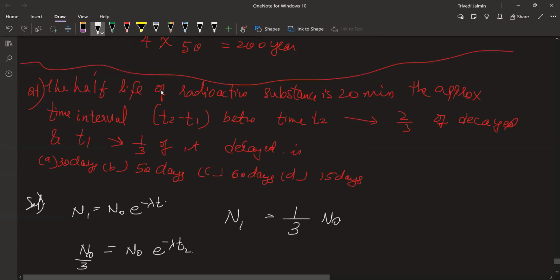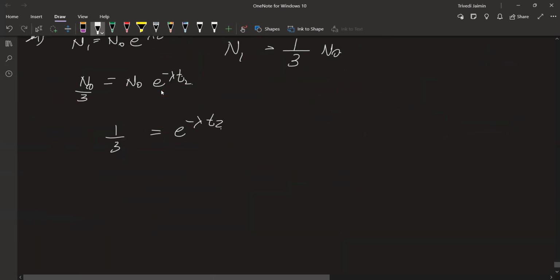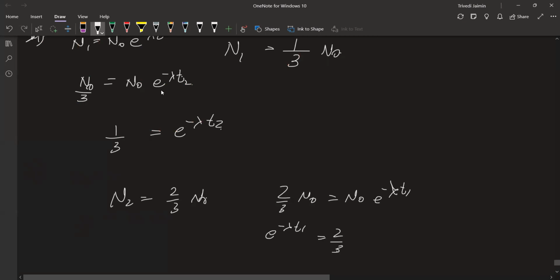And next we have 2/3: N2 equals 2/3 N0, so N0 e to the power minus lambda T1 equals 2/3.